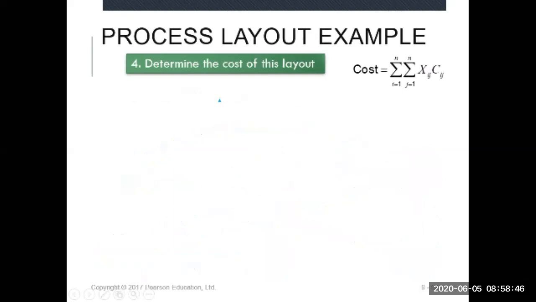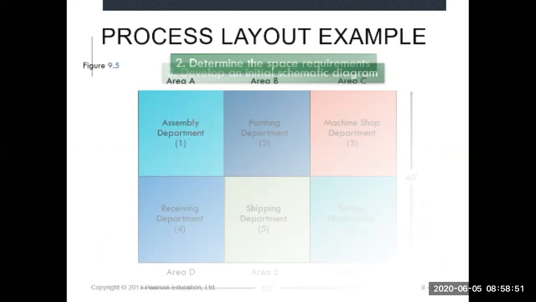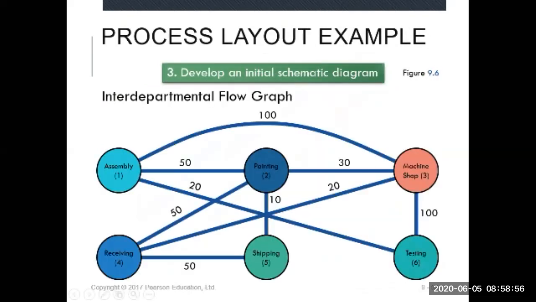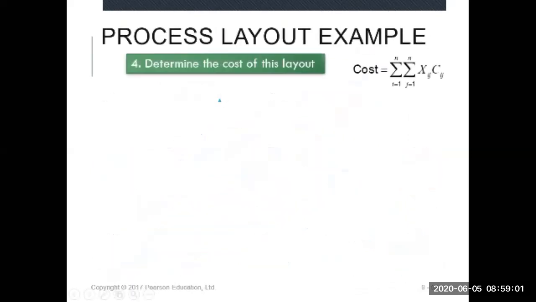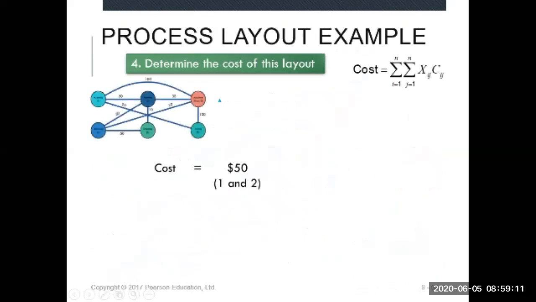Based on this layout and the cost, we will calculate the total cost to move the loads using this formula. The cost to move between department 1 and department 2, assembly and painting, is 50, so 50 here, plus 200 from department 1 to department 3.